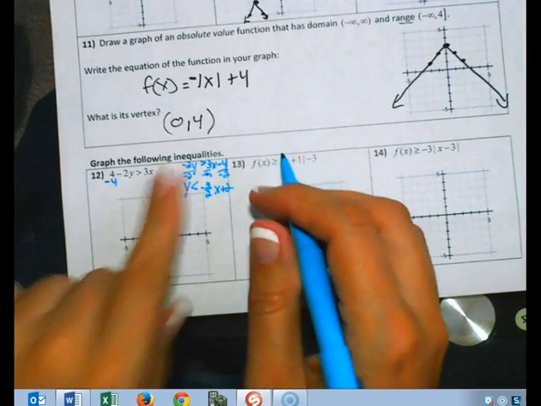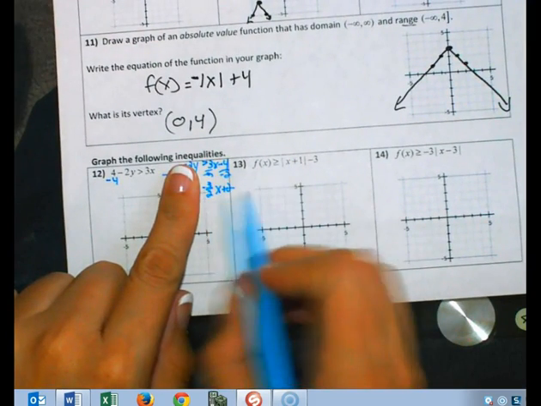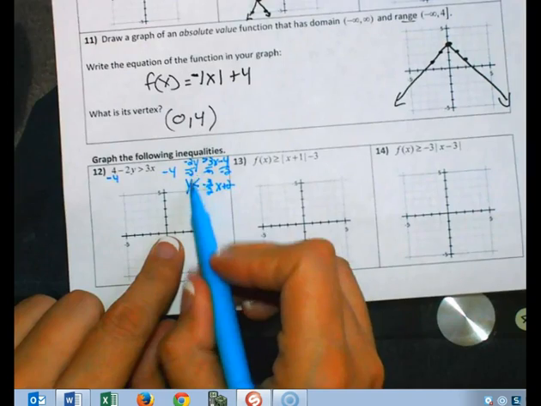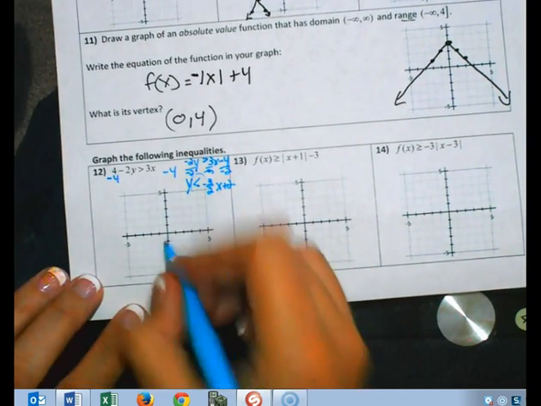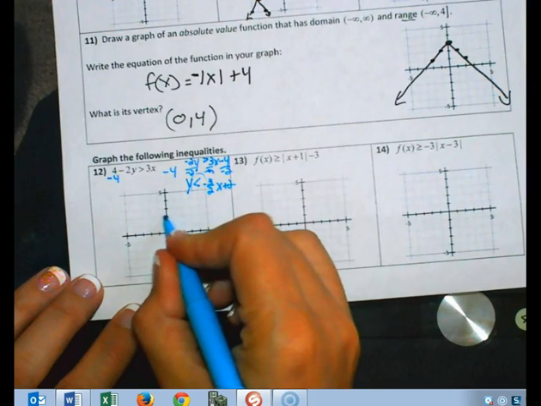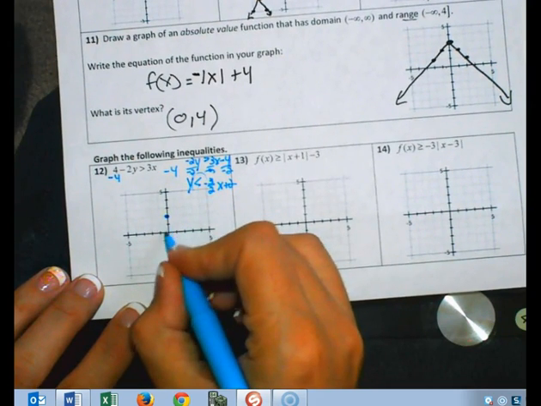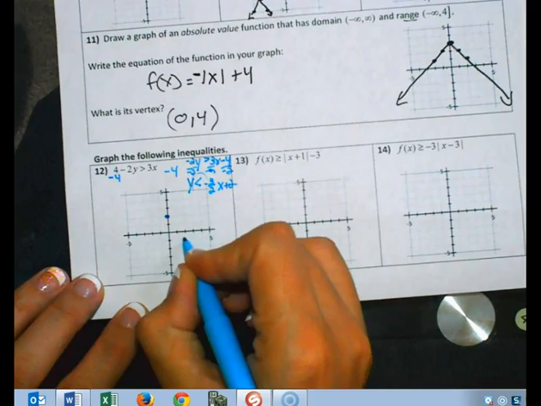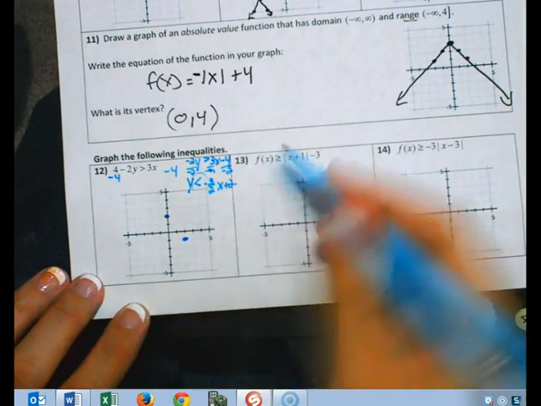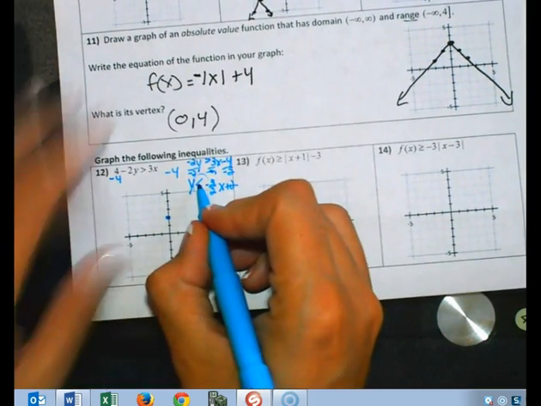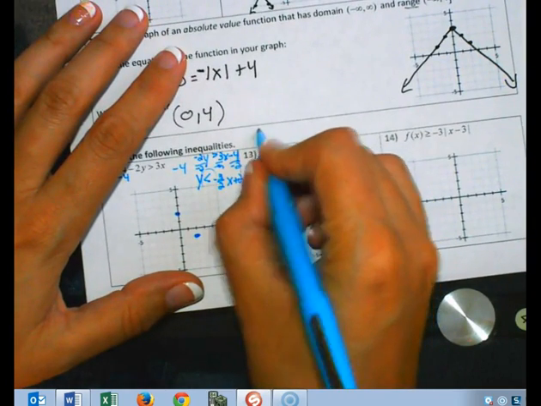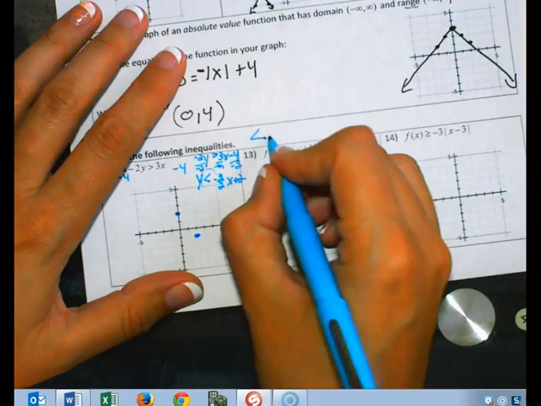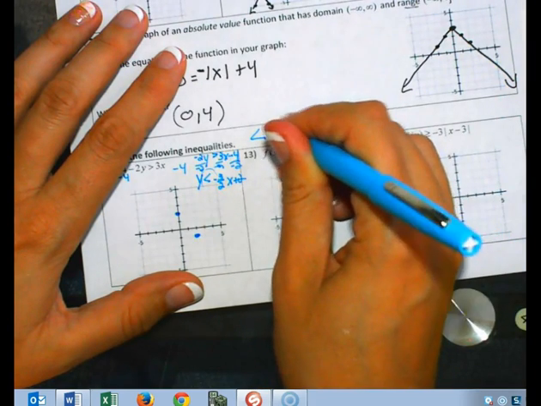So when you graph the line, I want you to graph it like you normally would, and then you just have to worry about the shading piece. So I have plus 2, so that's my y-intercept. And I'm going down 3, over 1, 2, 3 over 1, 2. Okay, so the trick here is the symbols. I know that this symbol here means less than, so I'm going to shade down.